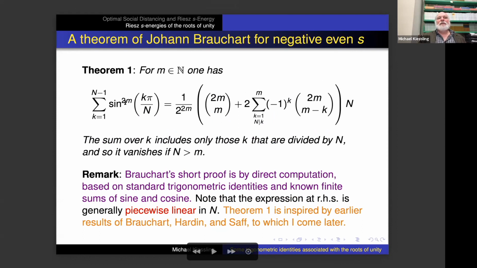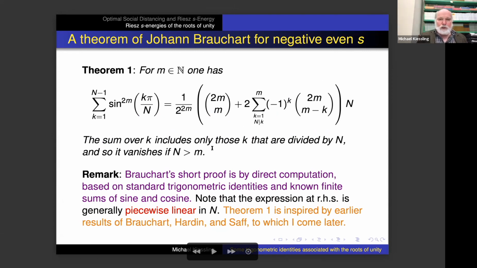And then the sum k equals 1 to n minus 1 of sine to the 2m of k pi over n equals this expression times n. So that looks pretty much linear, but notice there's another n here. Okay, so this sum over k includes only those k that are divisible by n, and it vanishes when n gets bigger than m.